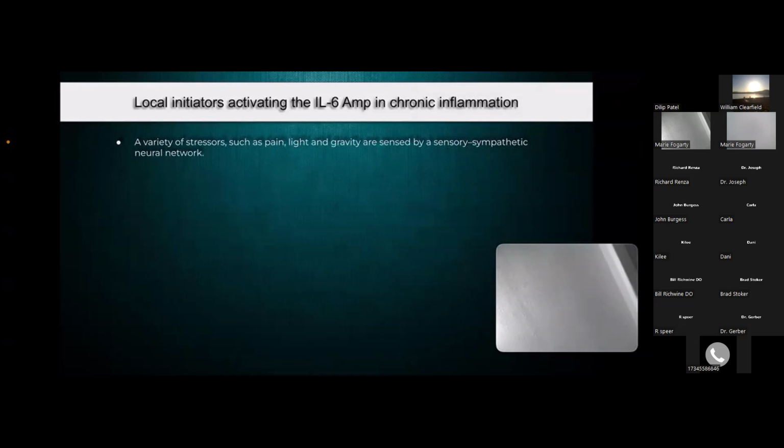I always think in terms of polarities. You've got sympathetic, parasympathetic, and our autonomic nervous system is polarized towards sympathetic, and that sympathetic neural network can trigger and enhance the amplification and allow inflammatory cells into the spinal cord.